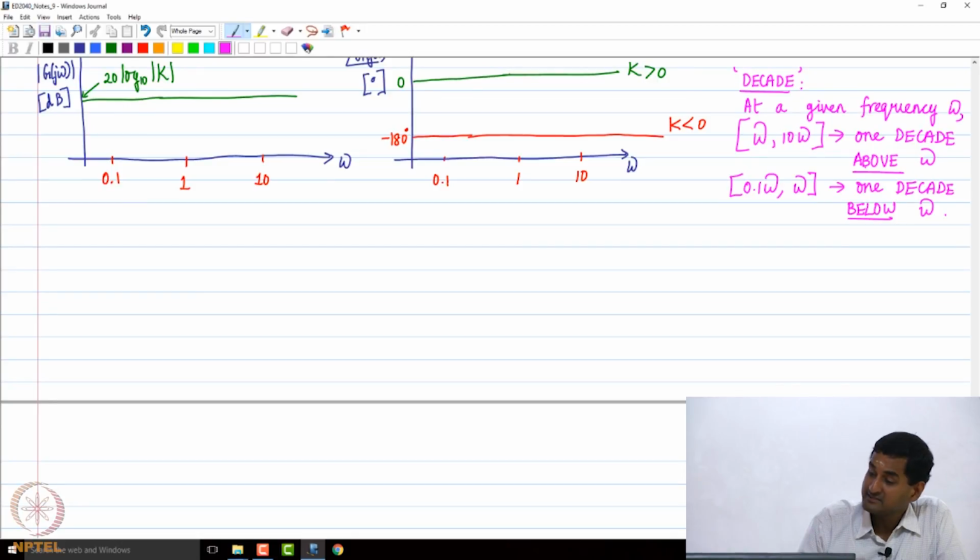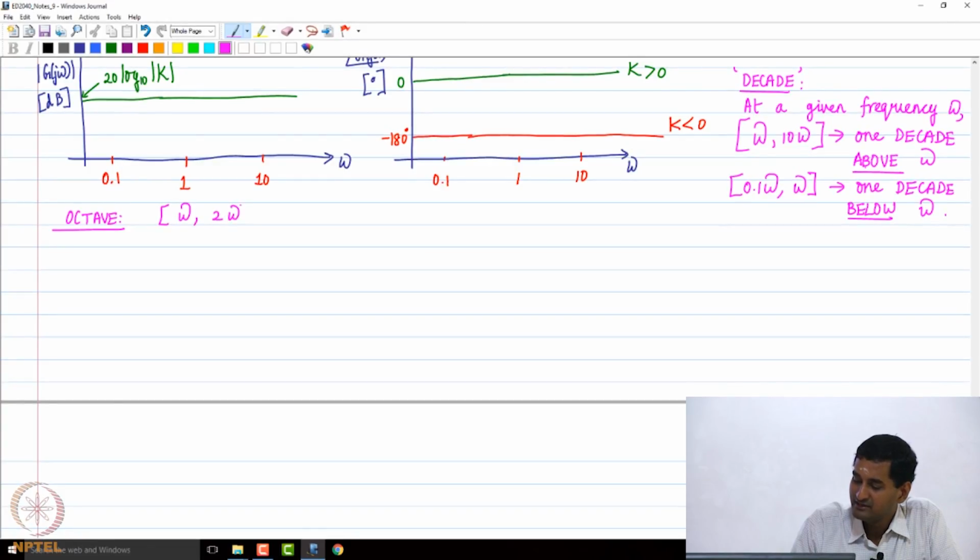There is another region or band which is used, which is called an octave. What is an octave? Let's say you give a frequency omega, the region omega to 2 omega is what is called 1 octave above omega.